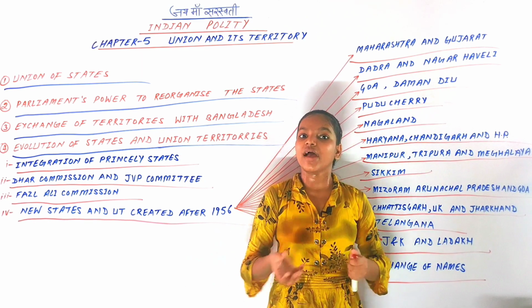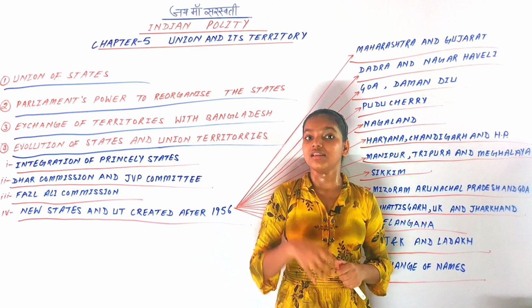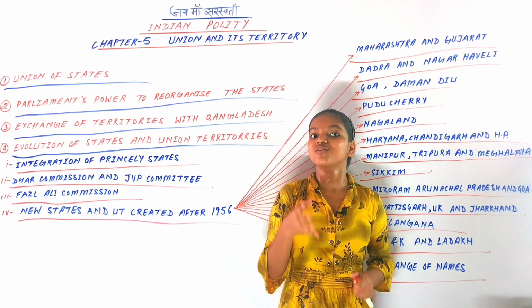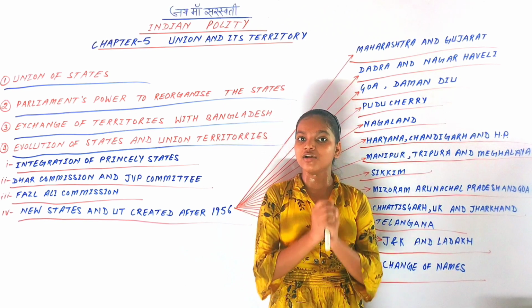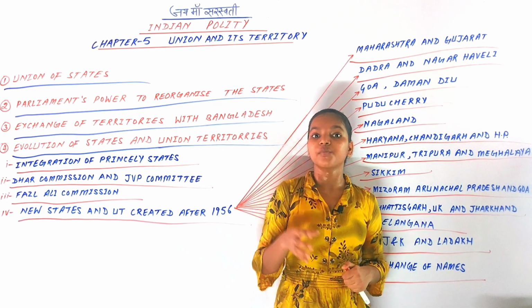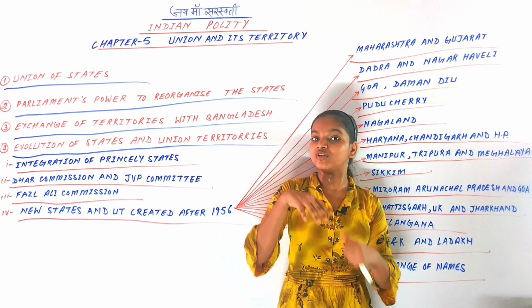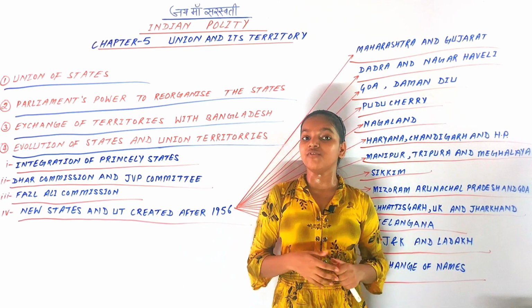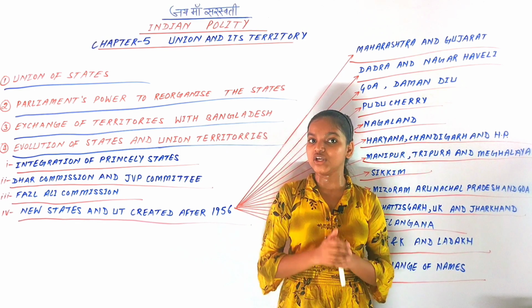After that there were many changes in names. For example, Mysore was renamed Karnataka, Madras was renamed Tamil Nadu. And most important, Orissa was renamed Odisha, and it is the latest. In 2011, Orissa was renamed Odisha.